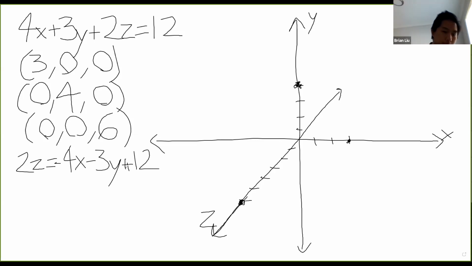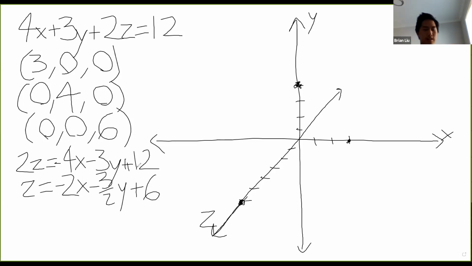And so z equals negative 2x minus 3 over 2y plus 6. Okay, so then for example, if we say x is 0, for x equals 0, we have all z and y satisfying z equals negative 3 over 2y plus 6.